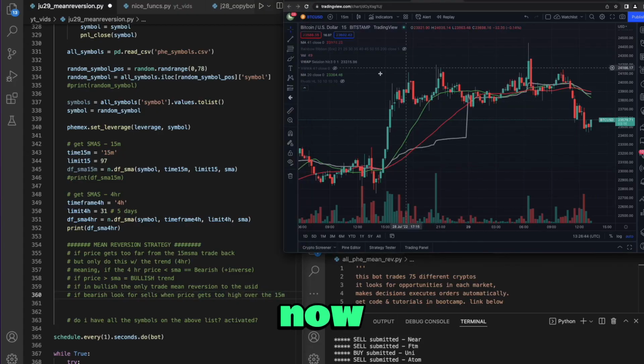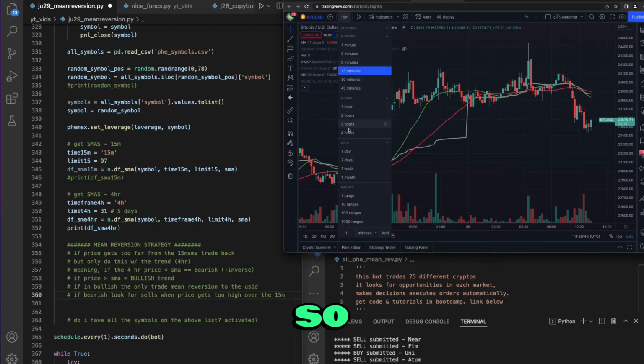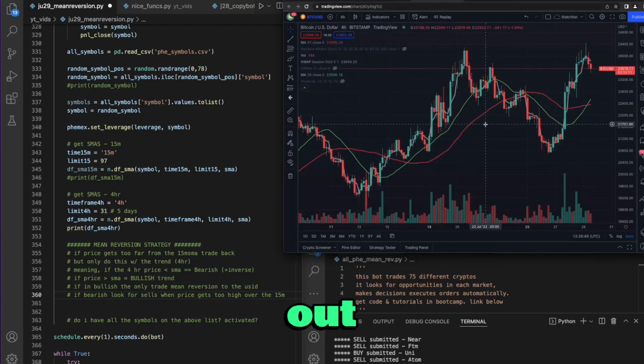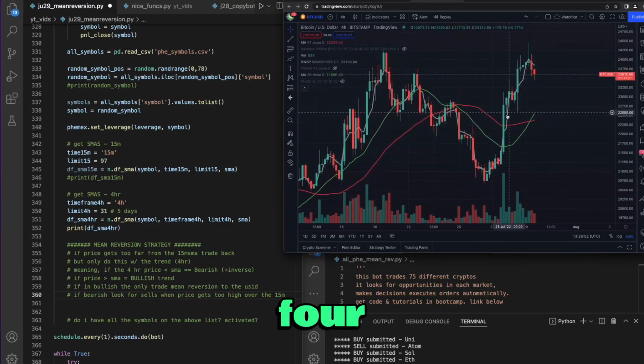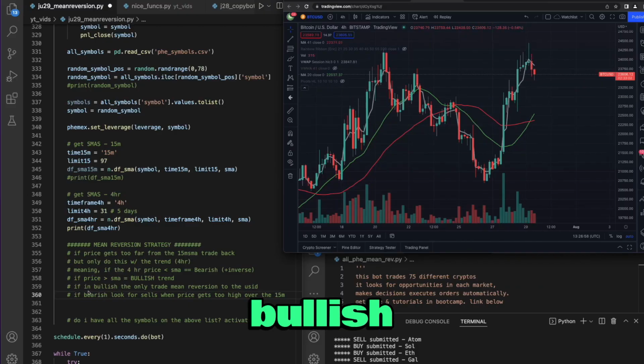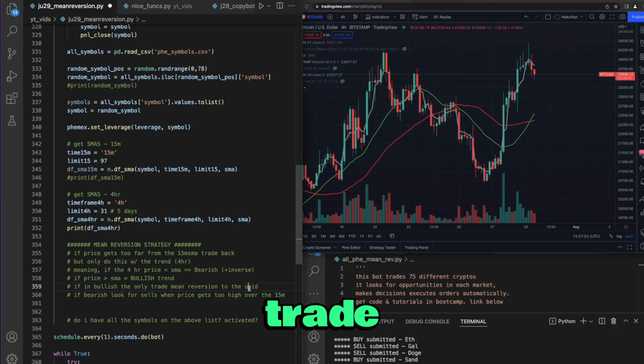Okay, so now let's look at the chart really quickly. The rules I just wrote out would pretty much clearly say this is bullish. We're in a bullish 4-hour trend. So if the trend is bullish, we only trade mean reversion to the upside.